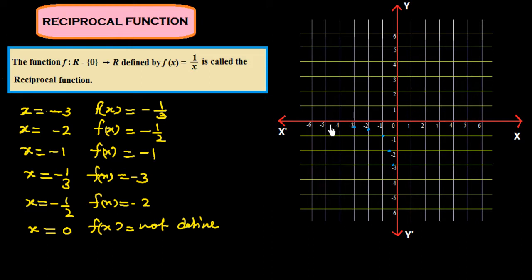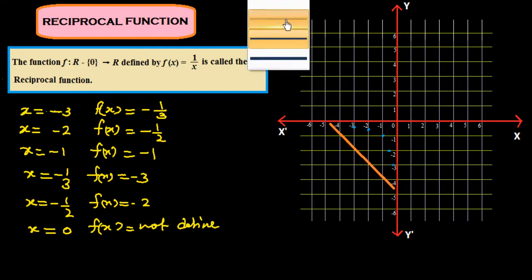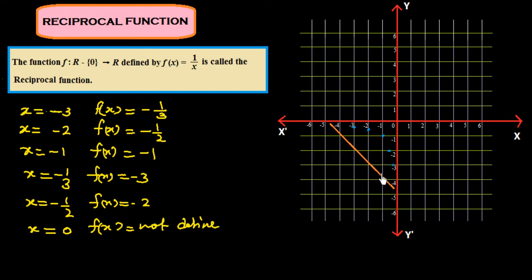So we have got the graph in this way on the negative side, the third quadrant, which is also called the negative quadrant. We get this graph in this way.